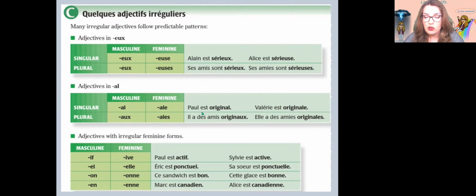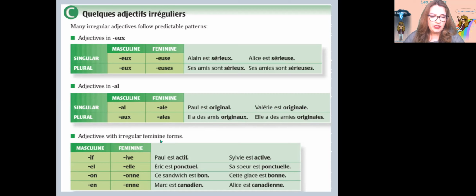I already read those, so I'll read the examples to you. Paul est original, Valérie est originale. Same pronunciation here, we just add the silent E. Il a des amis originaux, he has original friends, originaux, masculine plural. Elle a des amies originales, feminine plural, so aux turns to ales.